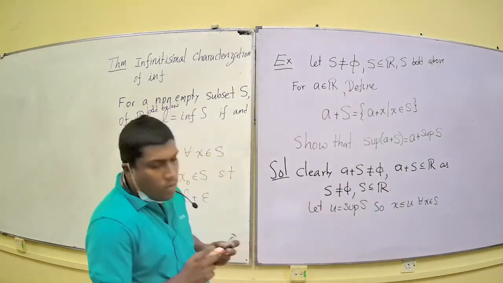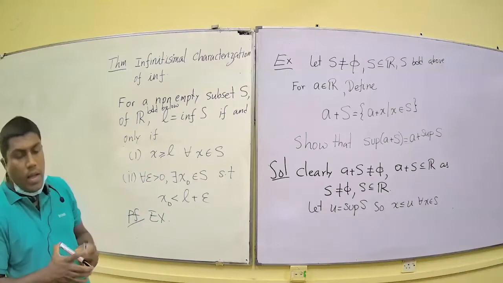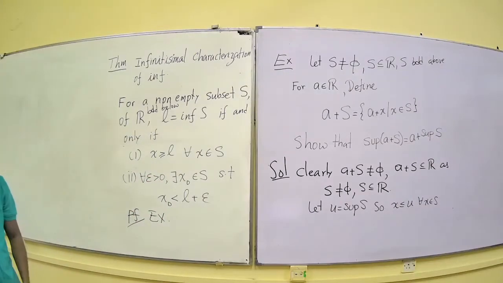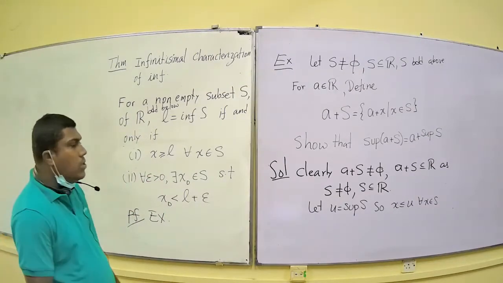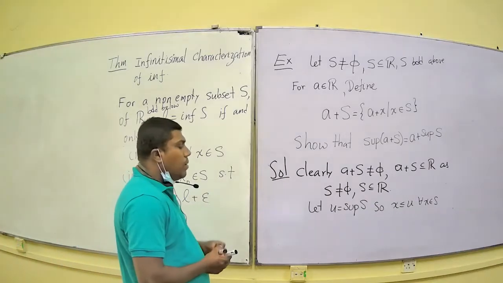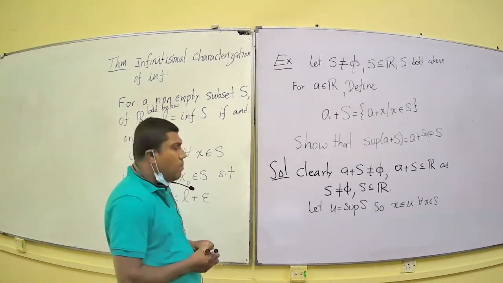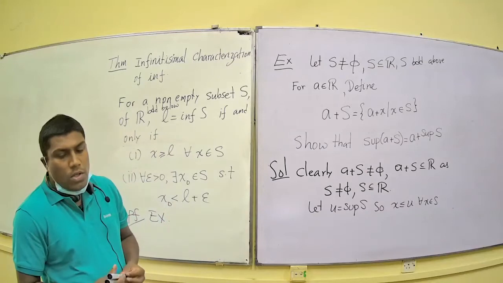S is bounded above, so S has a supremum. Let us name that supremum as U. Once you say that that is the supremum, then by the definition of supremum, you know it is an upper bound.